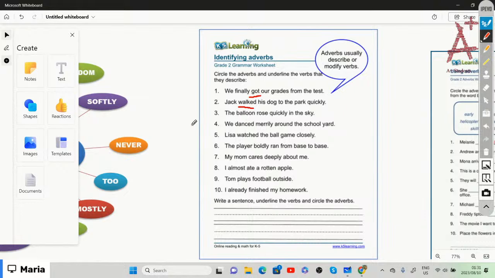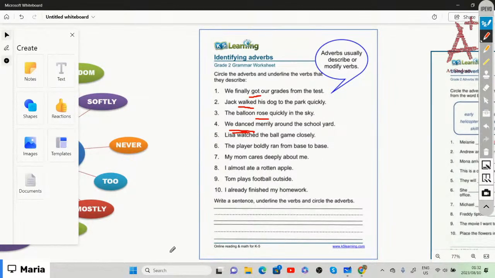The balloon rose quickly in the sky. So rose is our verb, right? Because rose and rise. We danced merrily around the school yard. So danced is our verb. Lisa watched the ball game closely, right?